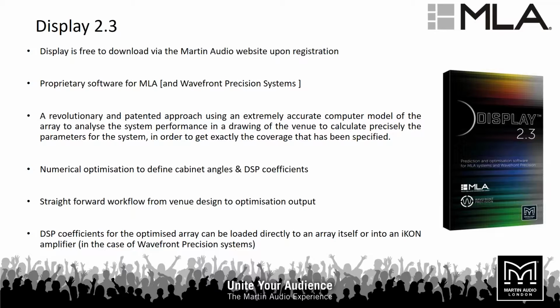It's a really straightforward workflow, and we're going to go through that in a minute. But it literally is step by step. Fill it all out, and you get various forms of outputs from the software as well, which are all useful in different contexts. The main one of which we will talk about today is the D2P file, which you then upload via VNet into your arrays, your MLA system.